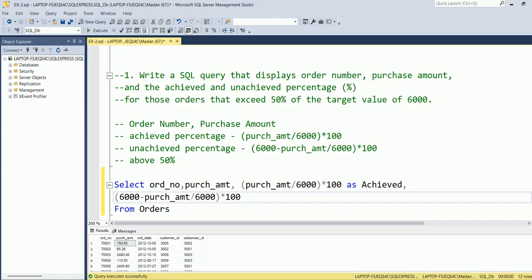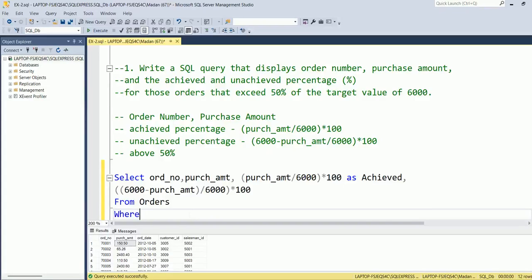Here again, make sure to use the brackets properly to get the exact value. We are subtracting the purchase amount from 6,000, dividing by 6,000 and then multiplying by 100. Fine, so we want these four columns from orders.